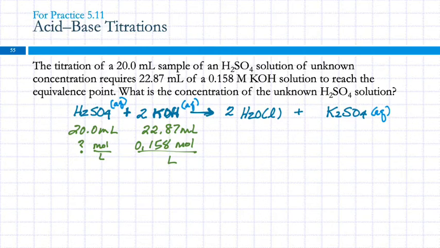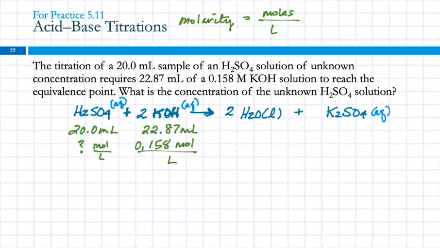So, molarity equals moles of solute divided by liter of solution. If I want to know the molarity of this H2SO4 solution, I need to know how many moles of H2SO4 and how many liters of solution.